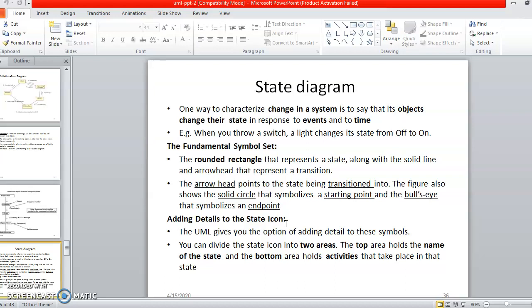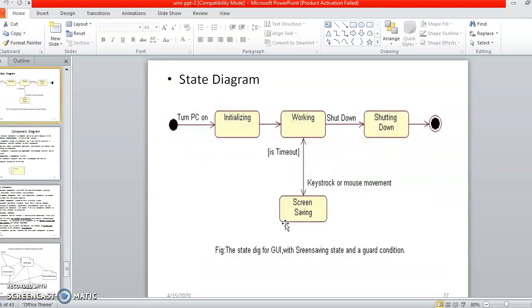The arrowhead points to the state the transition goes into, and the figure also shows the solid circle that symbolizes a starting point and the bull's eye that symbolizes end points. Adding details to the state icons: the UML gives you the option of adding details to these symbols. This figure shows state diagrams.